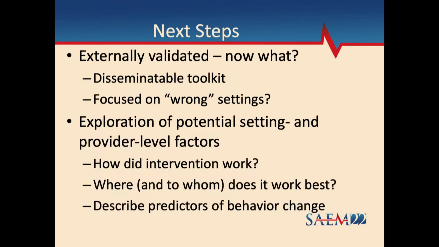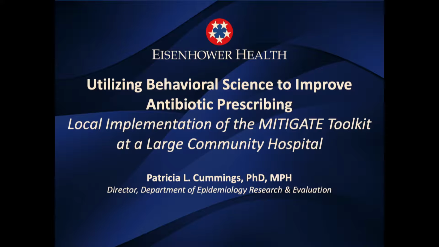And then the other thing that we really wanted to think about, but didn't have the wherewithal this time around, was looking at a causal inference model or a structural equation model of how different setting factors and provider factors actually influence the ability to create change. That was something that we started thinking about here, but we're still continuing to cogitate on that. With that, I will hand over to Patty Cummings over at Eisenhower Health.